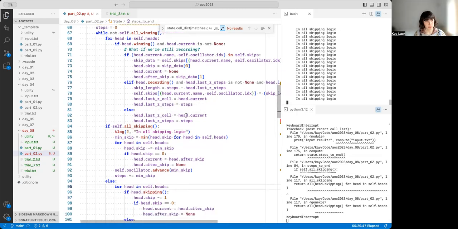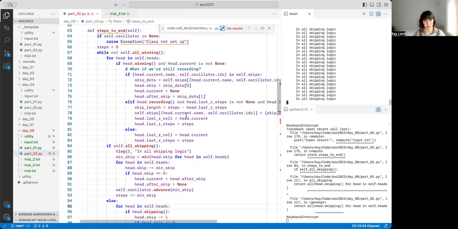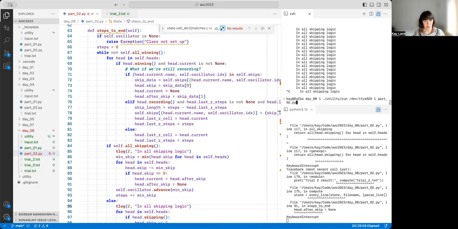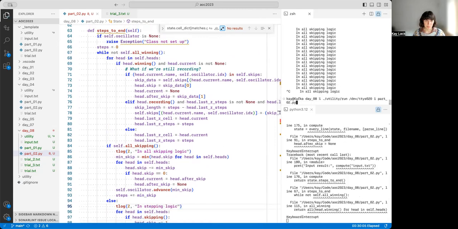Where does it store? It's infinite looping somewhere. Because it's in the skipping logic. Yeah, so it gets to the all skipping logic and then it loops forever.